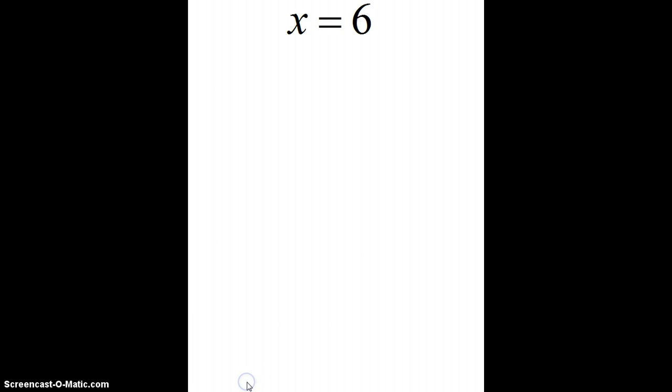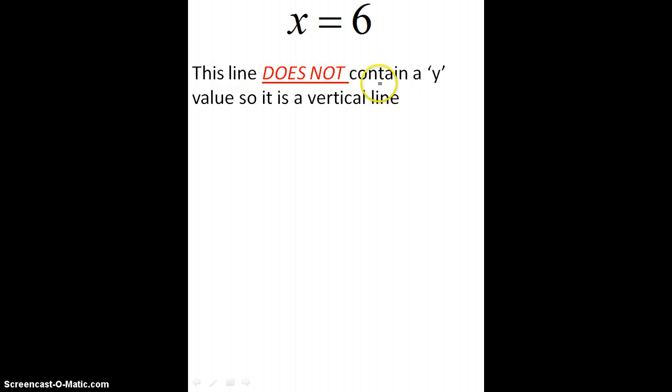And let's look at one more. I have x equals 6. So if we look at this one, the line does not contain a y value, so it is a vertical line. Anytime it doesn't contain a y value, it's always vertical. So that means the slope, remember, is undefined.